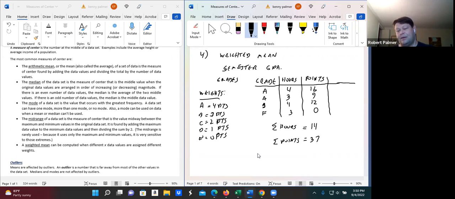And then for our GPA, we divide. So GPA is going to be the sum of the points over the sum of the hours. So 37 divided by 14, and we just plug that in. And that is going to be approximately 2.64.